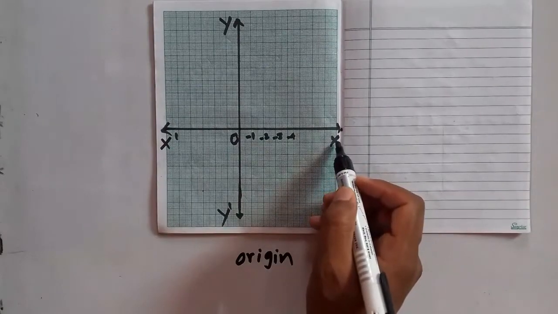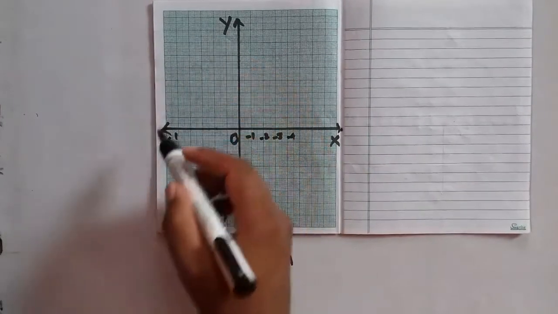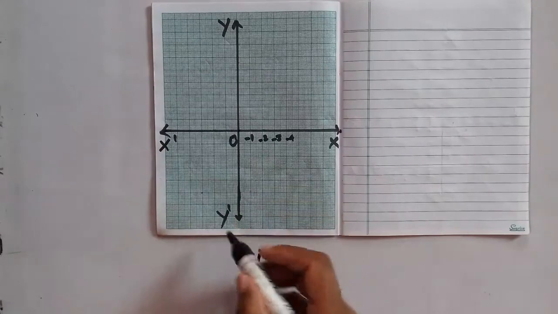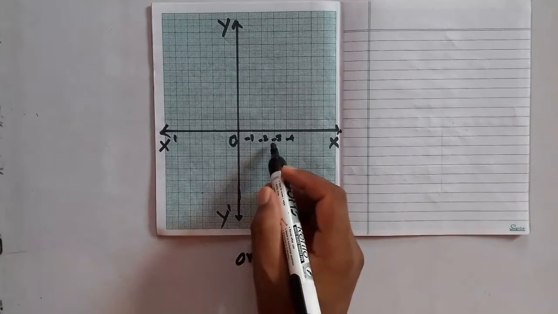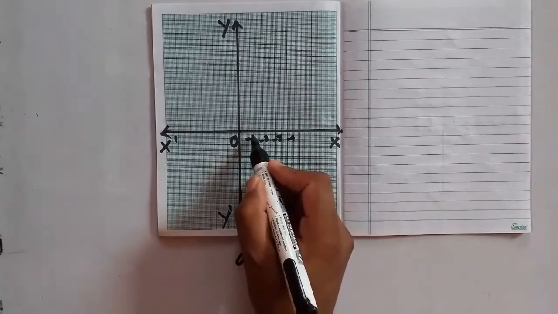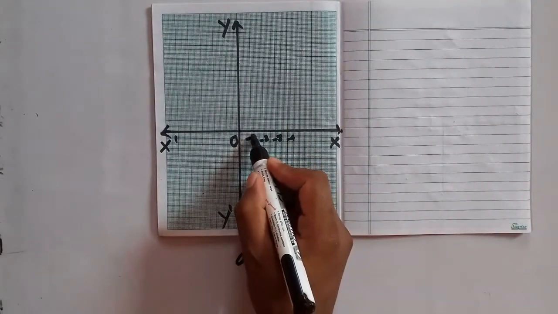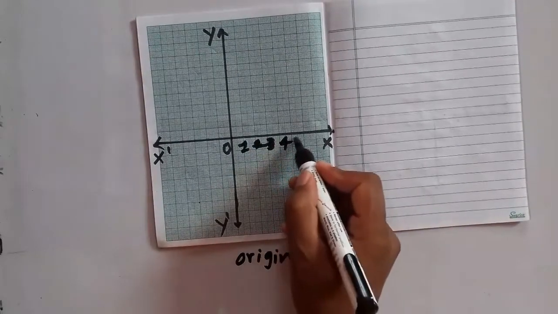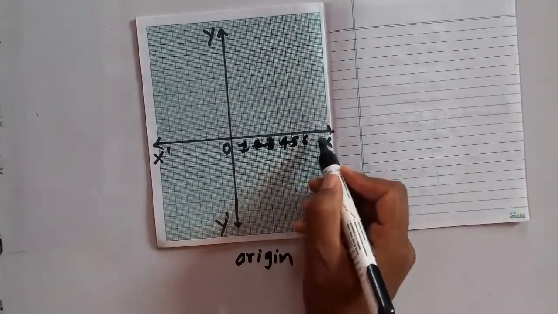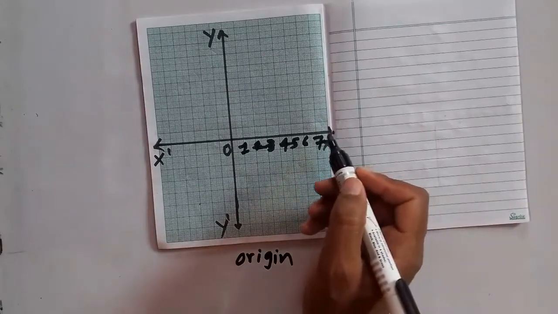This point is called X, this point is called Y, this one is called X dash, and this point is called Y dash. Toward this side we write all positive numbers like 1, 2, 3, 4, 5, 6, 7.